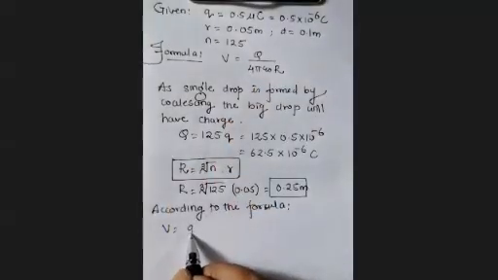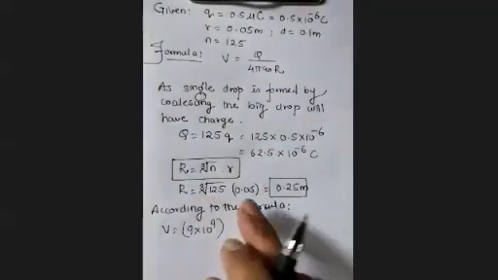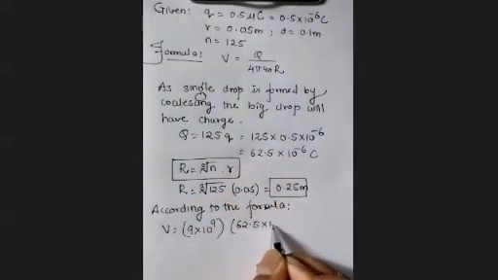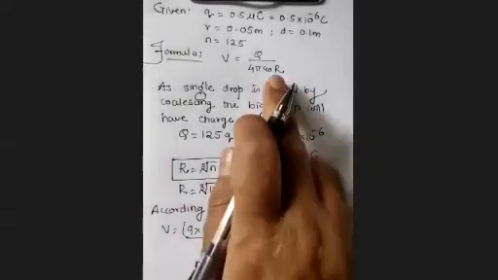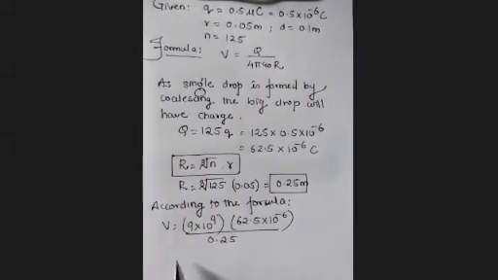We all know that the value is 9 into 10 raised to power 9 into capital Q. The capital Q value we have calculated is 62.5 into 10 raised to power minus 6 upon capital R value, which is 0.25. So the rest is basic calculation.